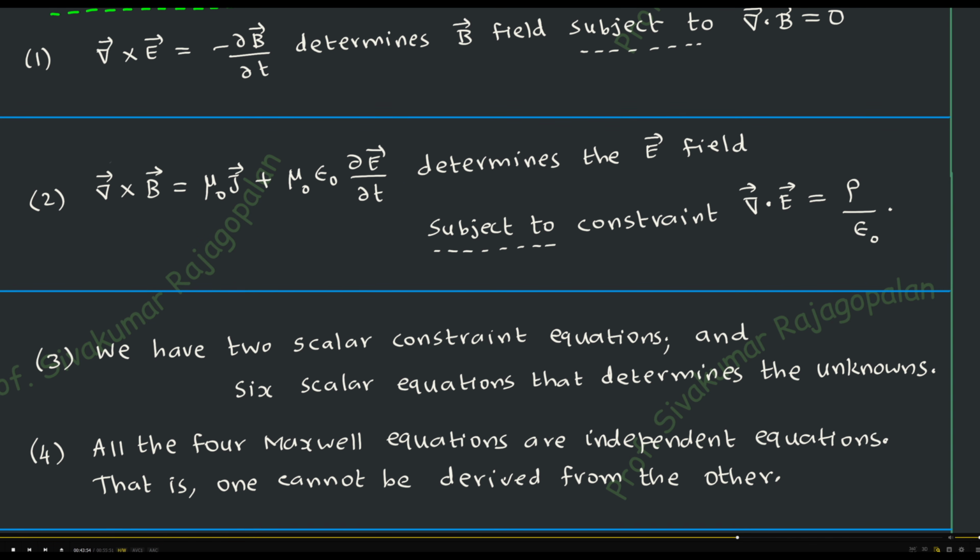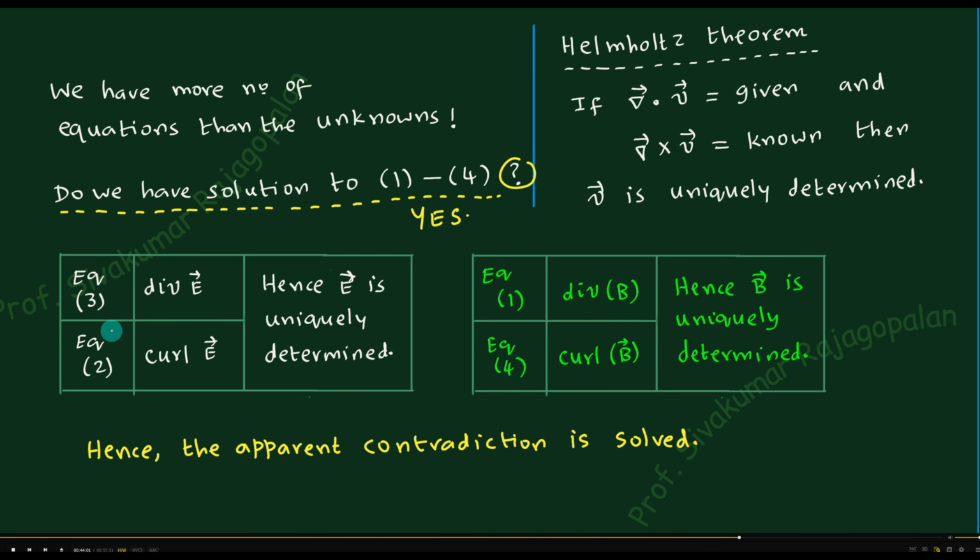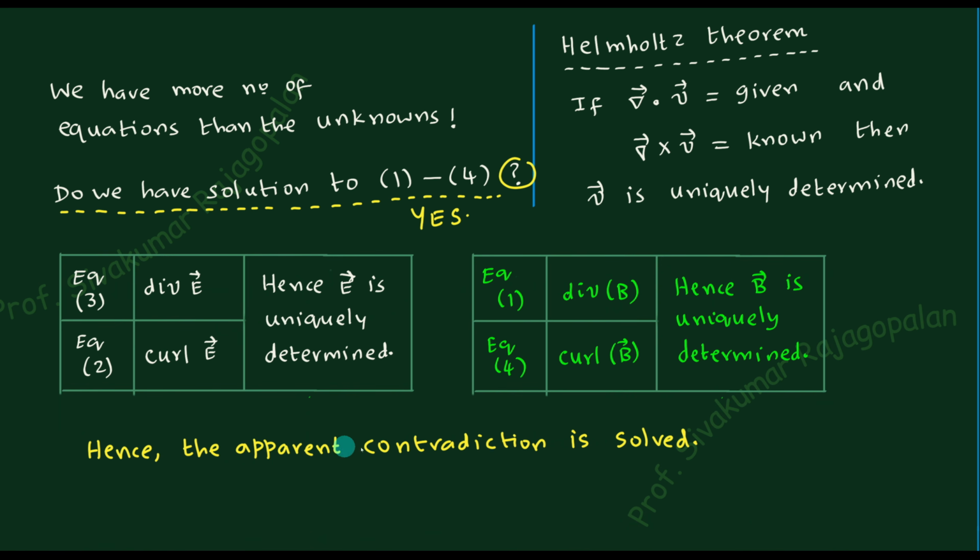If you go back to that board, we can see this is the place where we were saying that. There is no more contradiction, and we have the unique solution to the set of Maxwell equations. There is no need to worry about more equations and fewer unknowns. That kind of trouble is not there now. So this is the ultimate conclusion.